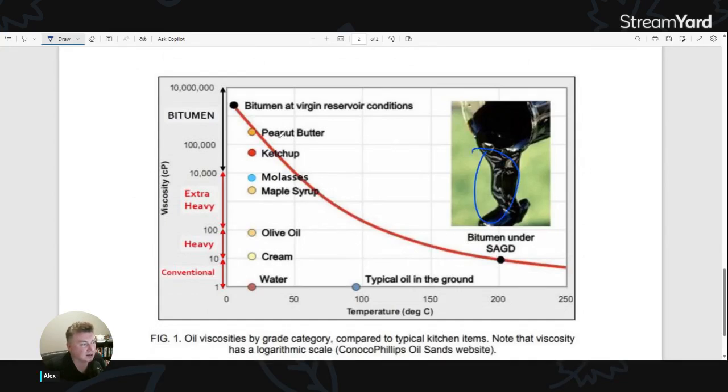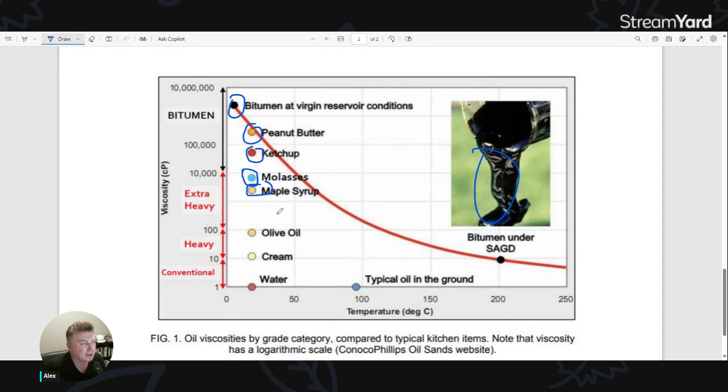And here we can start seeing examples at 20 degrees or so. You'll have peanut butter flowing at maybe a million centipoise. This is maybe 5 million centipoise here. Ketchup will be somewhere like 75,000 centipoise. Molasses will be 10,000 centipoise. And this is the extra heavy stuff, right?